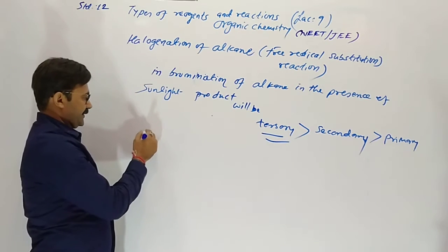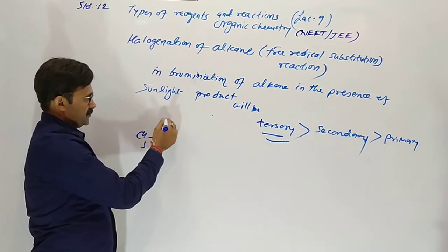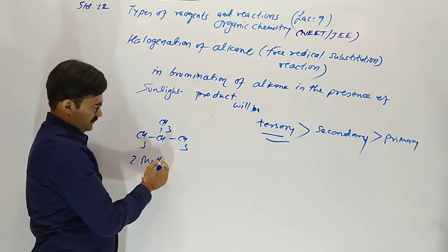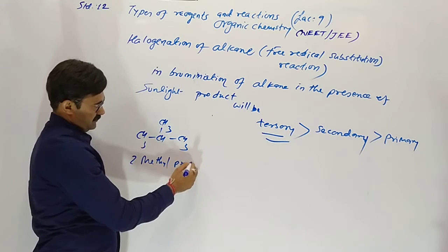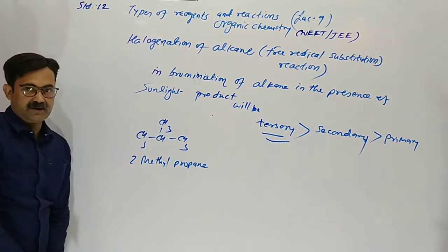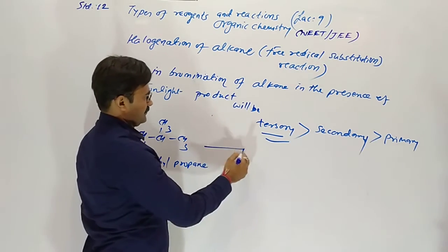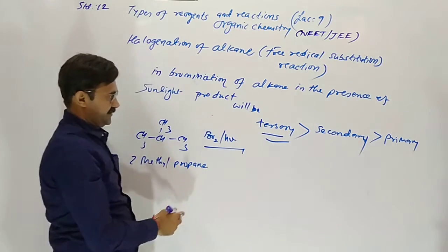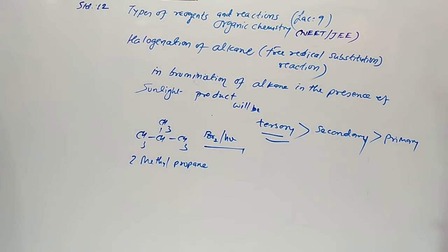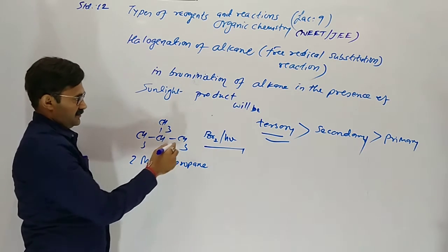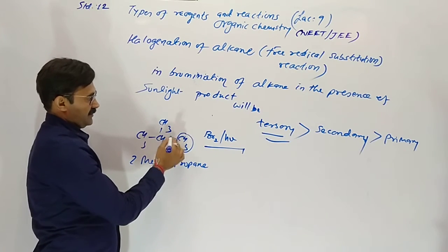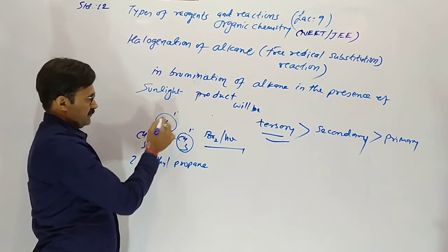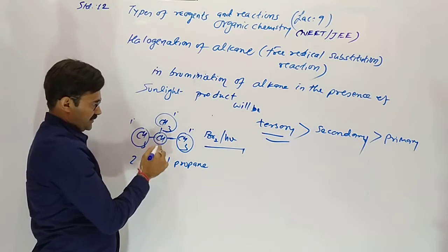So we are taking the example 2-methyl propane with bromine and sunlight. First we have to decide: carbon connected with one is primary, and this is tertiary.